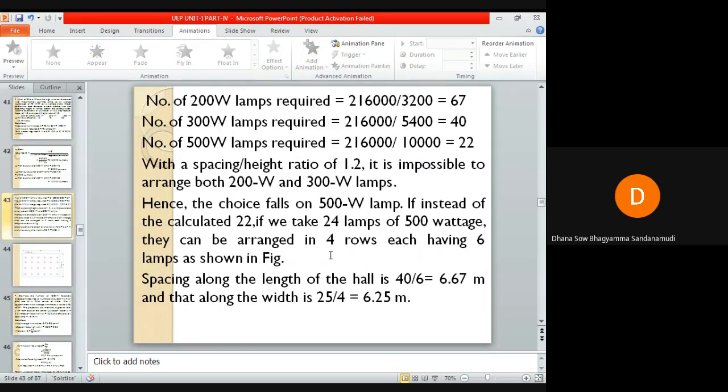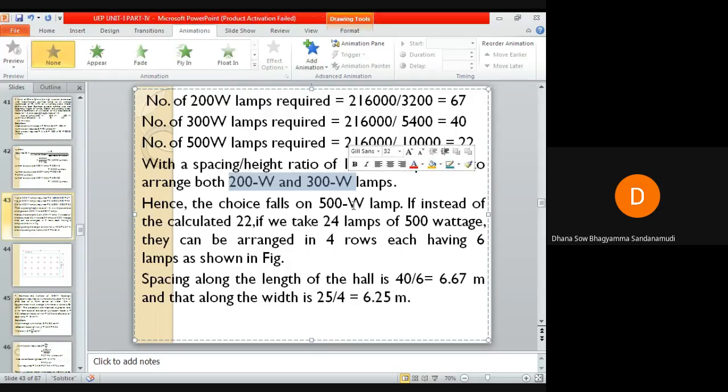Since these 200 watt and 300 watt lamps are not satisfying the space height ratio, I'm sorry, not 1:2, it is the 1.2 ratio, that's why I'm preferring the 500 watt lamp instead of 200 watt and 300 watt lamps.